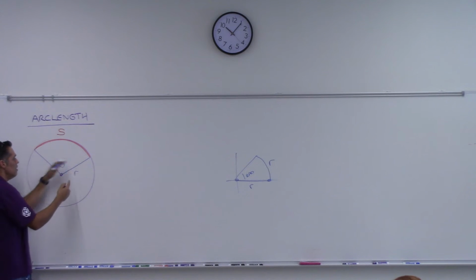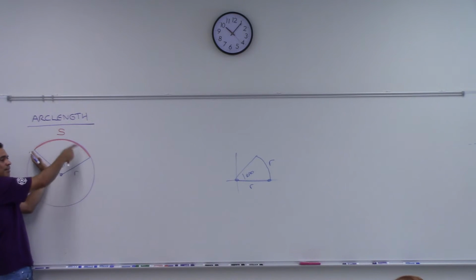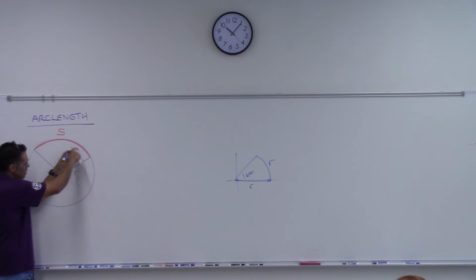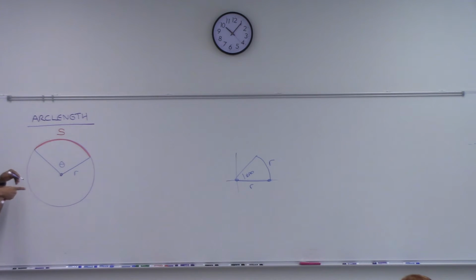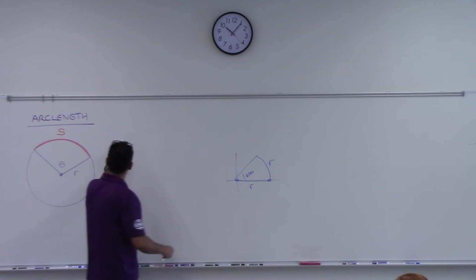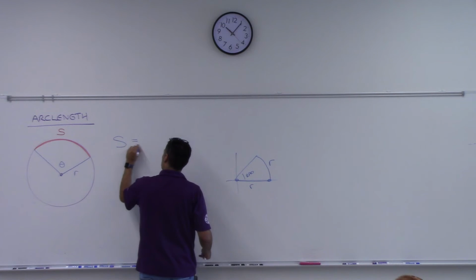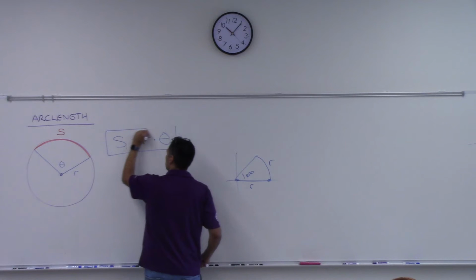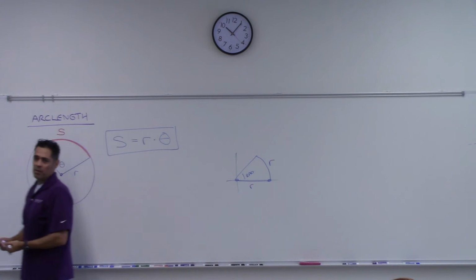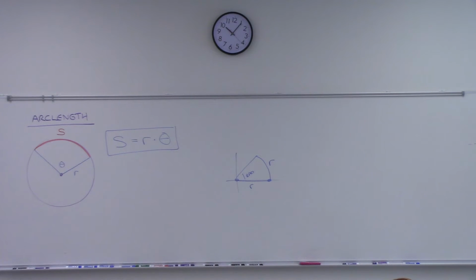But in general, whatever this angle is going to dictate the length of S. So I change it, S gets smaller, I make it bigger, S gets bigger. There is a relationship between all these, and here's what it is. S will always be equal to r times theta. That's the big formula. It's not even a complicated formula. It's a very simple formula.